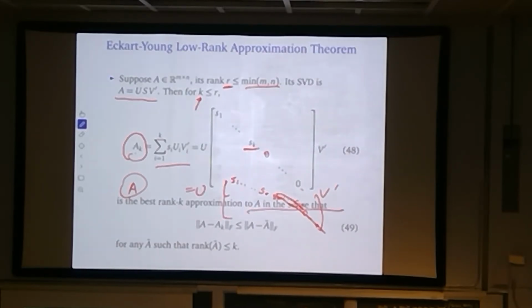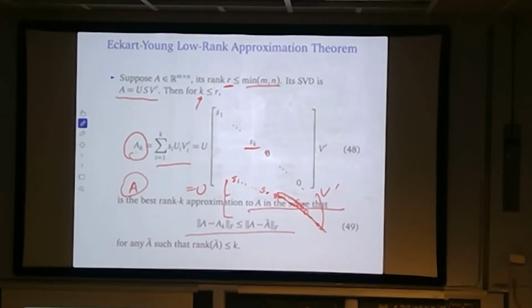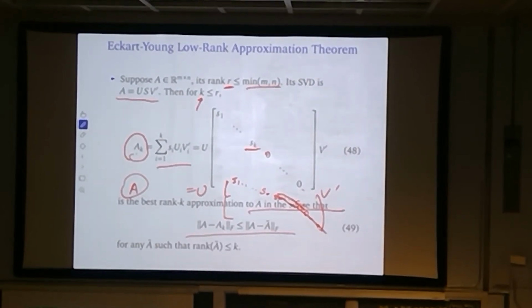In what sense? In the Frobenius sense. If you calculate the distance between A and A_k, and pick any other rank k matrix, the distance is always the smallest. It's the best approximation you can ever have, okay?